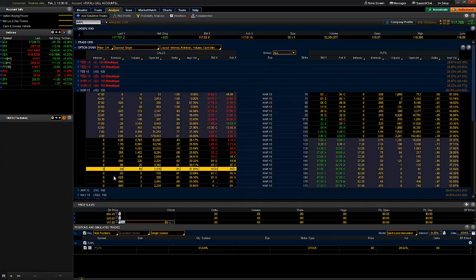If there's a lot of extrinsic value because there's a lot of volatility, because people think that Apple's going to have a big move right before an earnings announcement or a news release or any kind of event, then this extrinsic value is what changes, either up or down, based upon uncertainty or not. That has nothing to do with the intrinsic value. It's just the flip for that on the put side.